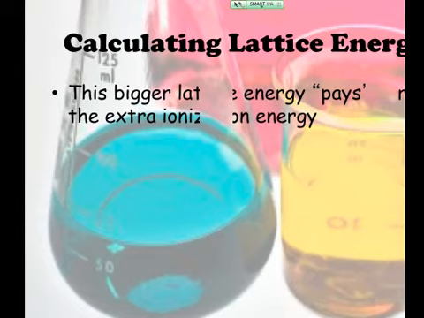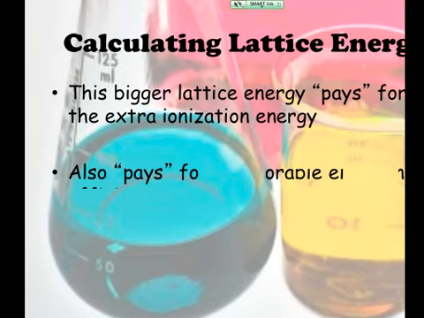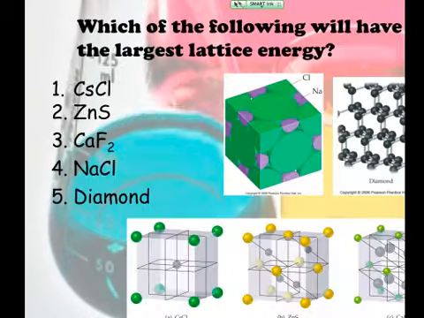Okay, the bigger lattice energy pays for the extra ionization energy, and it pays for unfavorable electron affinities that may exist. So let's decide who's going to have the higher lattice energy of this group. How do we decide? Which one is more ionic, or which one has more highly charged particles?